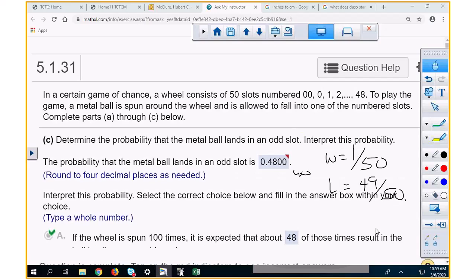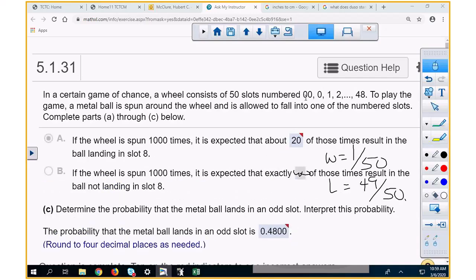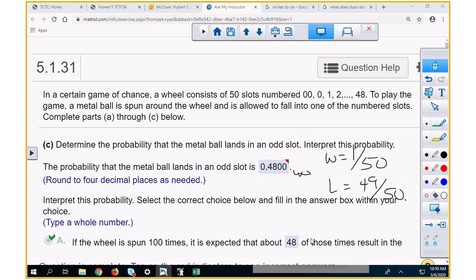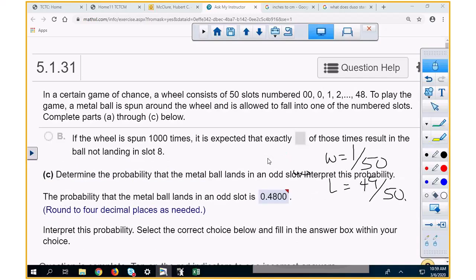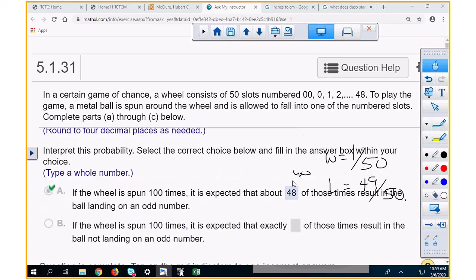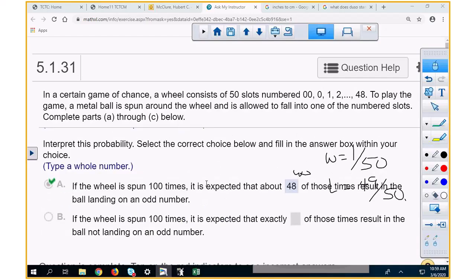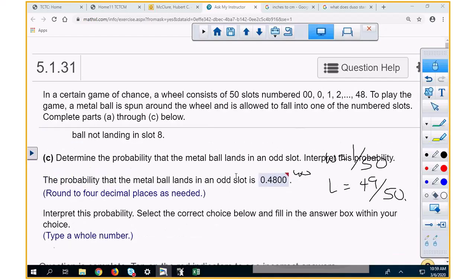Now, they're supposed to put in there that the 0 and 00 is not even or odd, and really that's not a good question, because you have to say that the 0 and 00 is neither odd nor even. So somebody divide 24 by 50. What do you get? 0.48. And if you throw 100 times, 48 of those times will result in the ball landing on an odd number.